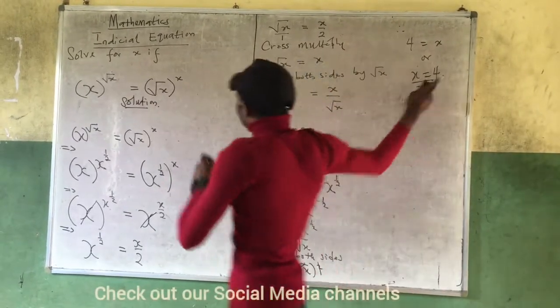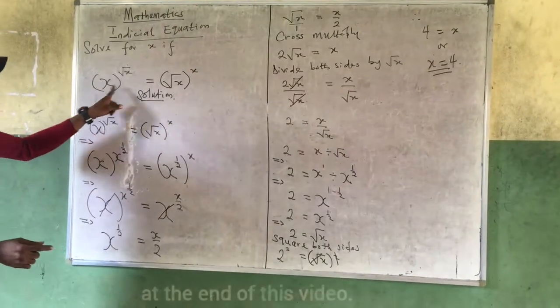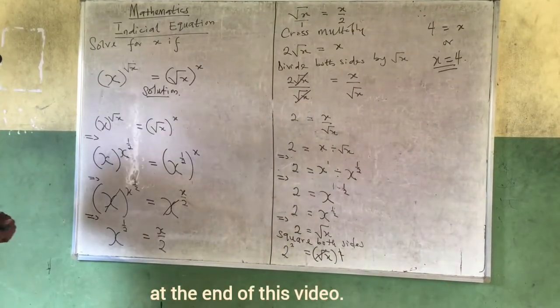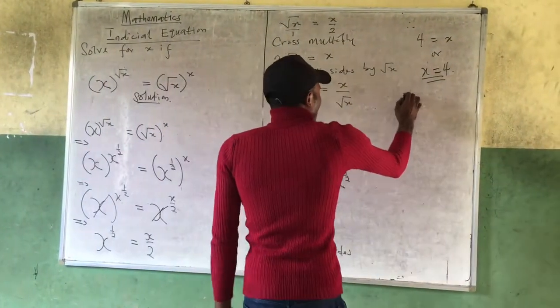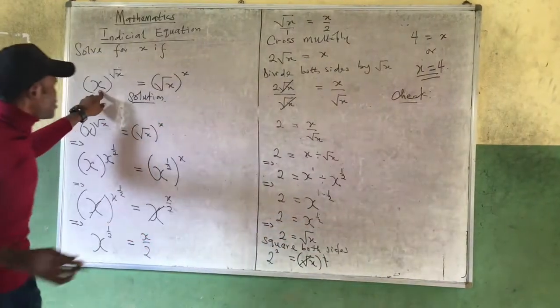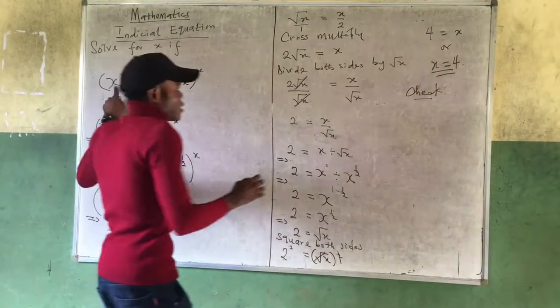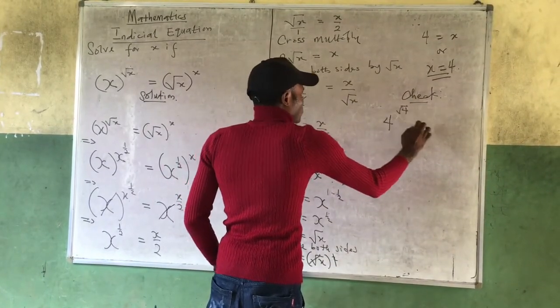If you put this 4 into this equation, you will see that the left hand side will be equal to the right hand side. Let us quickly check that out. As a check now, let us look at the left hand side. If I put 4 here, I'll have 4 raised to power root 4.